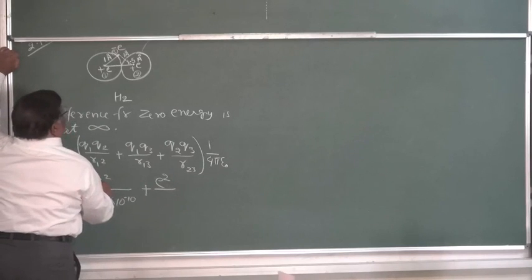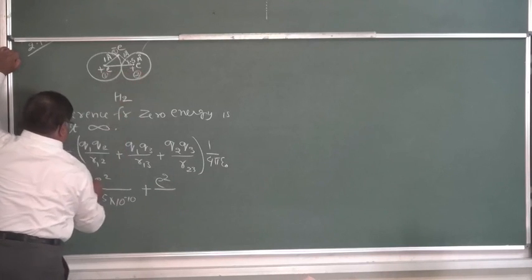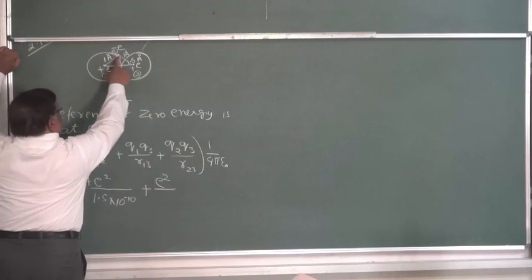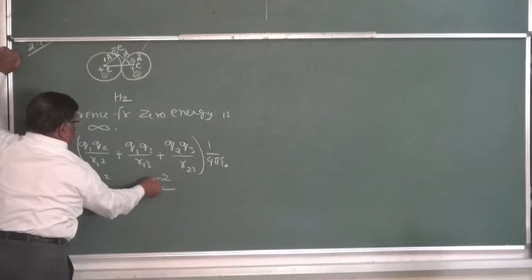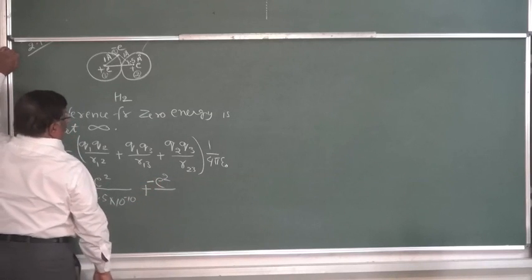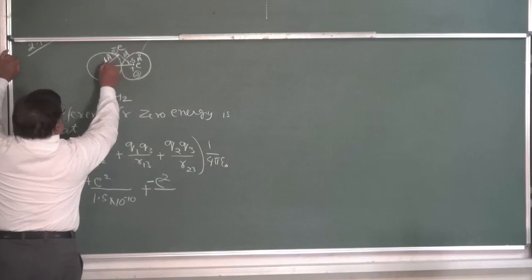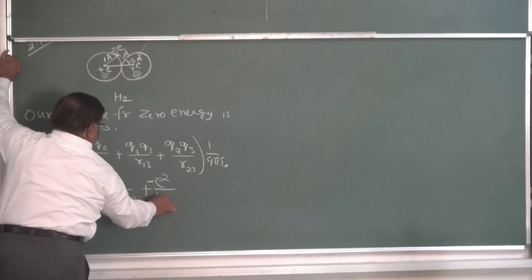And what is the sign of this? Plus into plus, plus. What is the sign of this? Plus into minus. Remember it, it's very important. Minus. R13, 1, 3 is 1 angstrom.